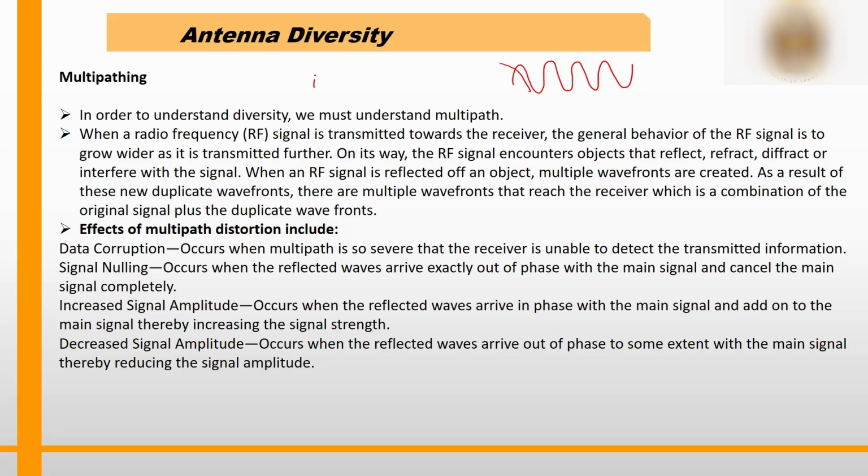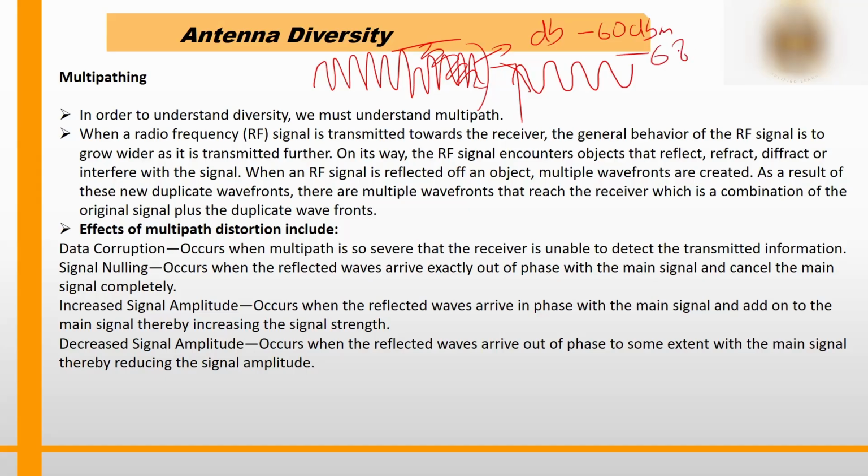When you send the radiation from the transmitter and it gets hit by some metal object or any other material, it is going to reflect the signal. The main signal also passes and reaches the receiver antenna. When both signals are received, it will check whichever has the better dB value. Suppose one signal is received at minus 60 dBm, another at minus 68 dBm.